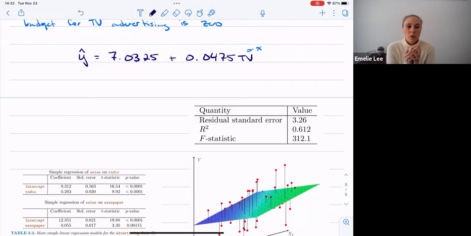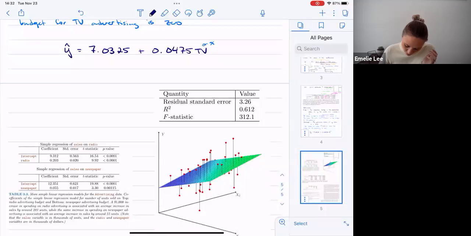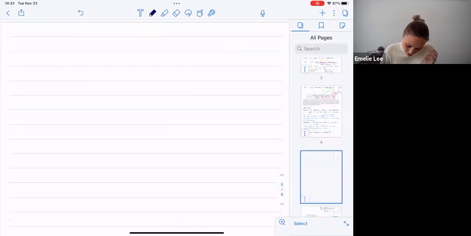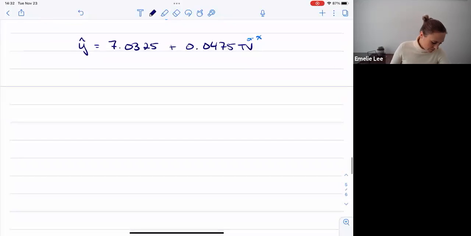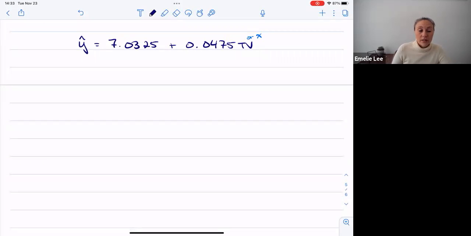So once we have a model that we can work with, let me add a page here, then we assess the model fit. You might remember things like R squared. We can also talk about the RSE, the residual standard error, I think. We just call it the RSE.